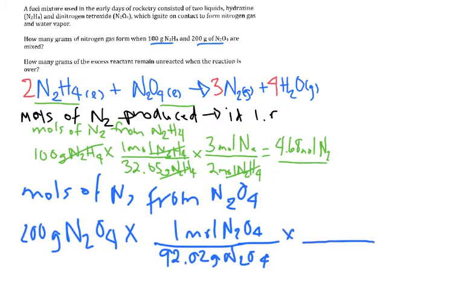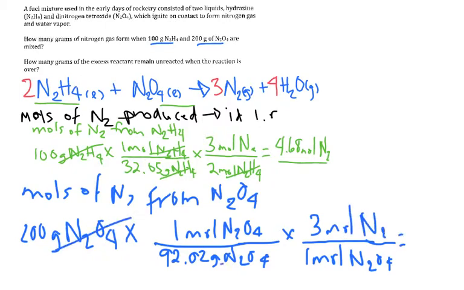And then from the balanced chemical reaction, I know that for every 1 mole of N2O4, there are 3 moles of N2. My grams cancel out, my moles cancel out. So from this we get 6.51 moles of N2.